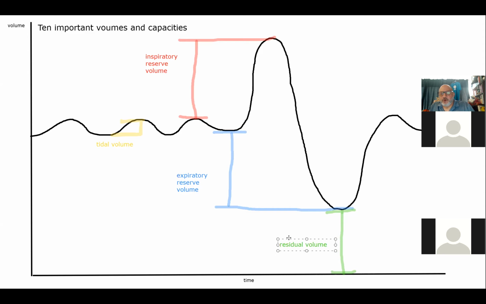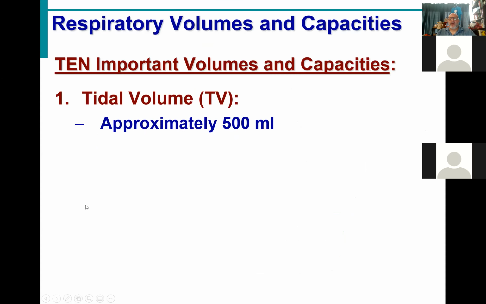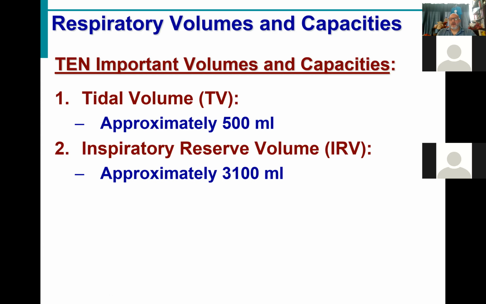So notice four important volumes of air, right? Our tidal volume, how much air we move with a normal resting breath. And now we can put a value to it, about 500 milliliters. Our inspiratory reserve volume, how much additional space we have in our lungs above what we normally take in.